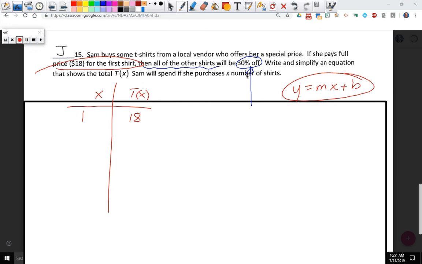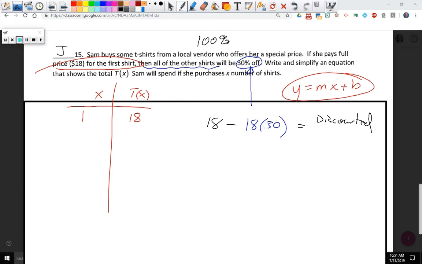Some people were taught this. Well, I take 18 and I multiply it by 0.30, and whatever that is, I'm going to subtract it from the original 18 to get the discounted price. Now, I hope that you understand that there's a more efficient way to do this. It all revolves around the fact that you are always expected to pay 100% to start off, right?